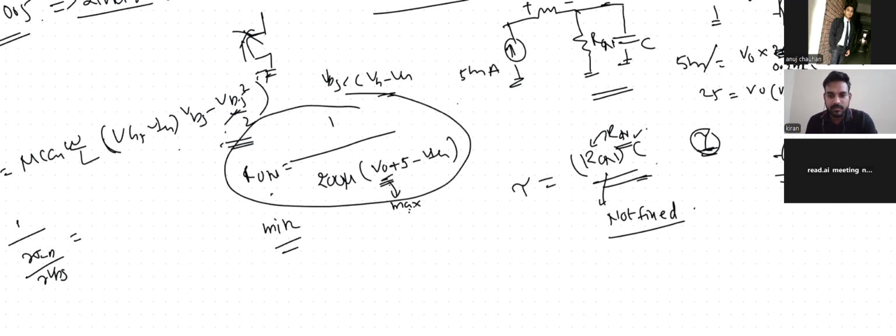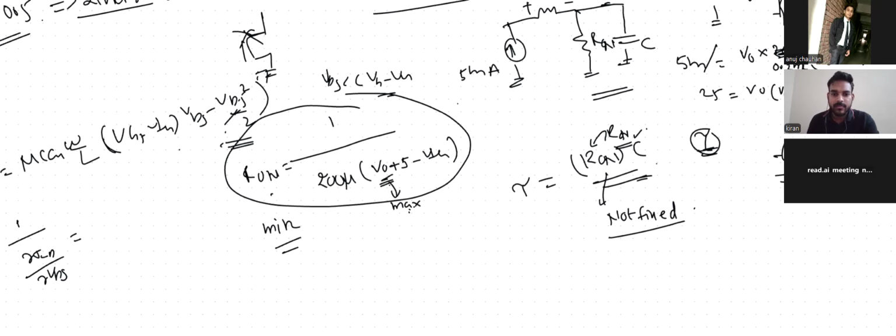So you mean to say Vgs minus Vth is only in the denominator? We are ignoring Vds square by 2 in front of Vgs minus Vth times Vds.